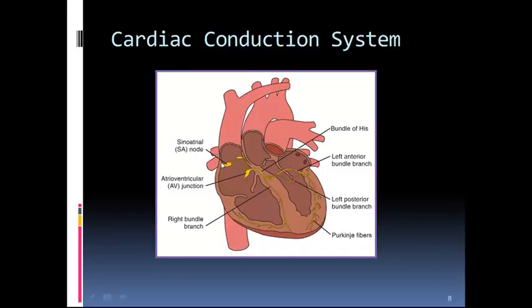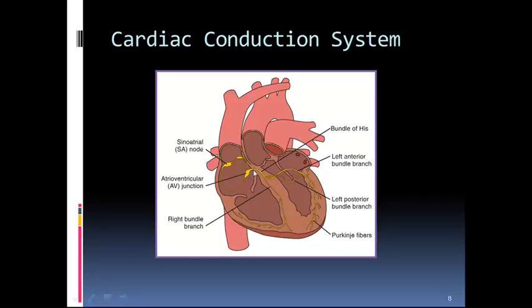So as you see here in the top right of the right atrium, we have the SA node, which is the pacemaker where all impulses start. And then it travels to the AV node, which is in the lower part of the atrium, where there is a brief stall or pause here.